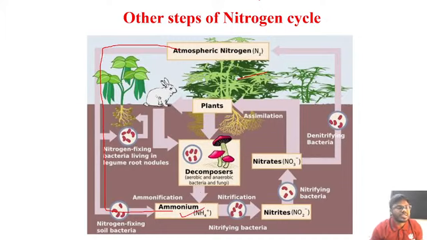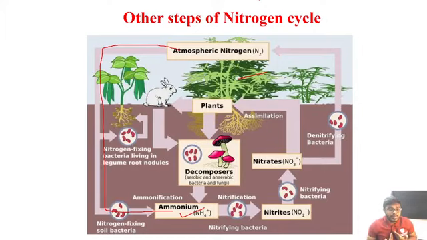So friends, I hope all of you remembered: what is the ultimate goal of the nitrogen cycle? The ultimate goal of the nitrogen cycle is converting the atmospheric nitrogen into the most simple forms. What are the most simple forms? NO2 and NO3. What happens when I convert the nitrogen into NO2 and NO3?